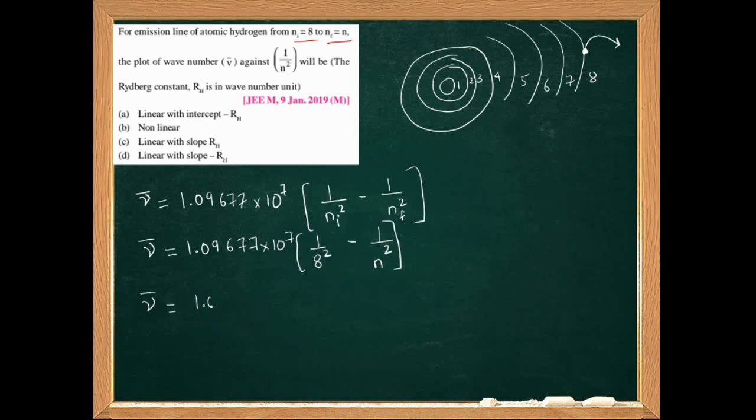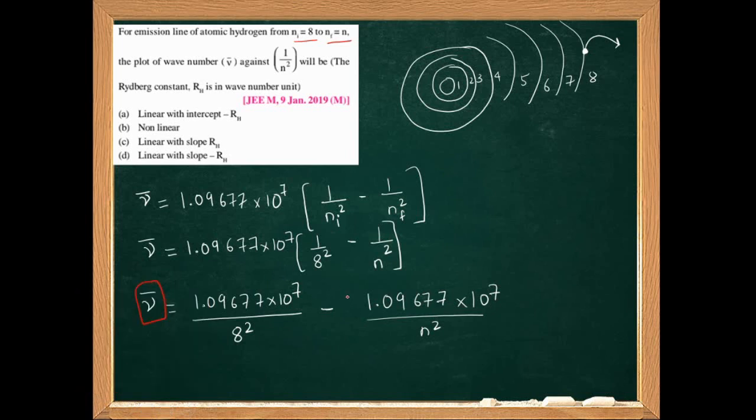So wave number is equal to 1.09677 into 10 to the power 7 upon 8 square minus 1.09677 into 10 to the power 7 upon N square. What I have to plot is wave number versus 1 upon N square.